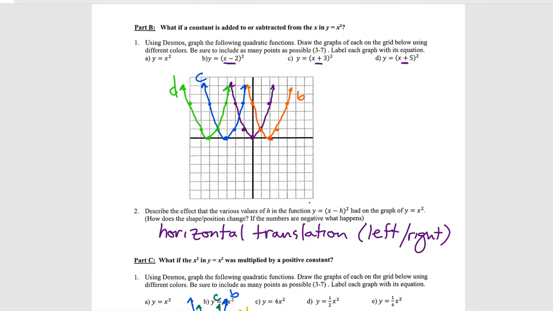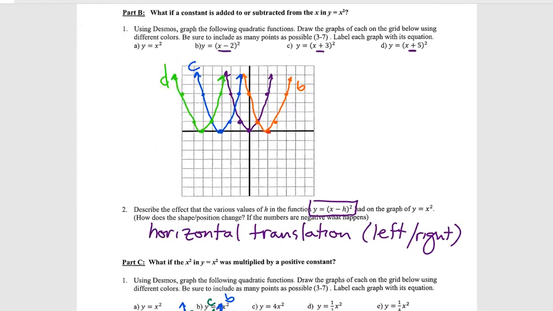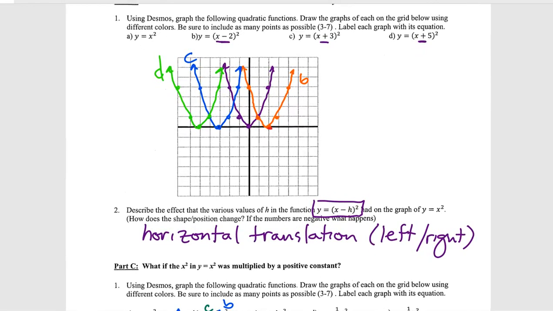Now, when you look at this general form, it says y = (x minus h) all squared. You'll notice that it says minus. So if I have a subtract 2, my h is actually positive 2, since the original formula has a negative sign in it.